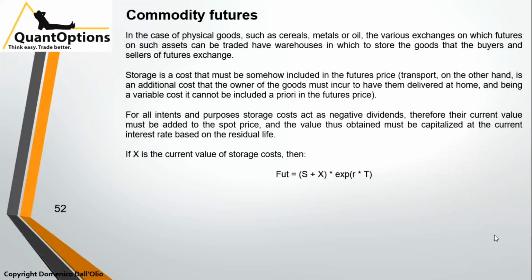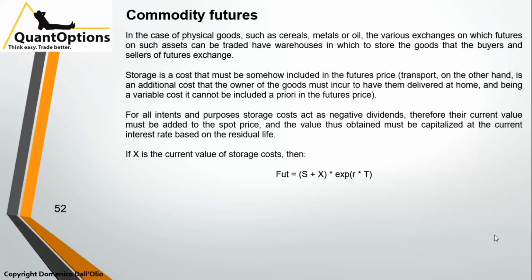If you remember, in the last lesson, we saw that when a stock pays a dividend, the current value of the dividend needs to be cut from the spot price in order to achieve the correct futures price. In this case, we have to add something because we have an extra cost due to the storing of the good. So once again, storage costs act as negative dividends.